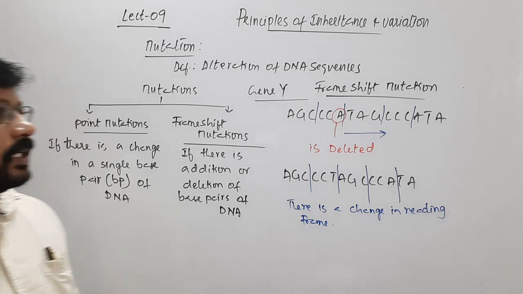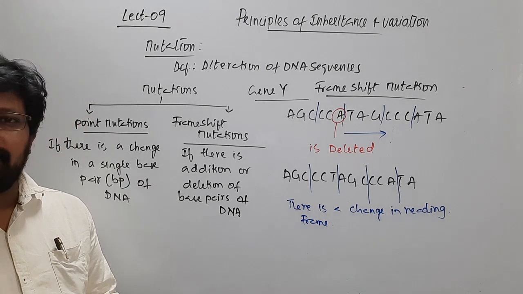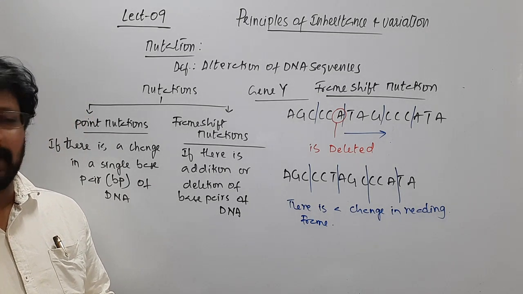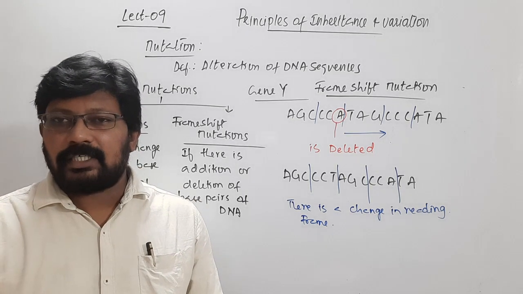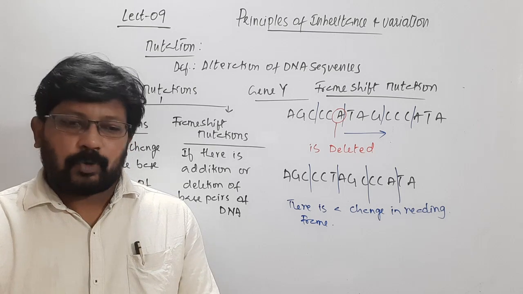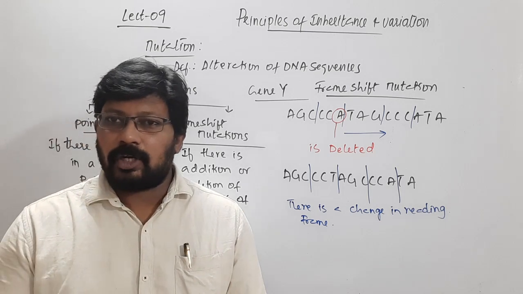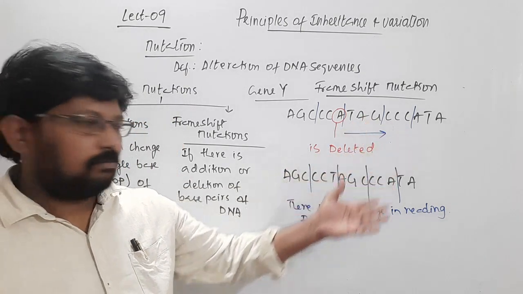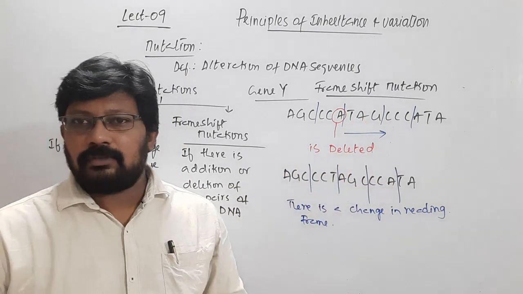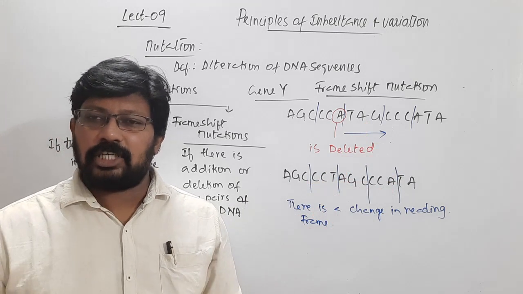Okay, so that's what the frame shift mutations do. That will actually result in the production of a different polypeptide. Earlier this may have produced a functional enzyme, and in this case it may produce a non-functional enzyme or no enzyme at all.